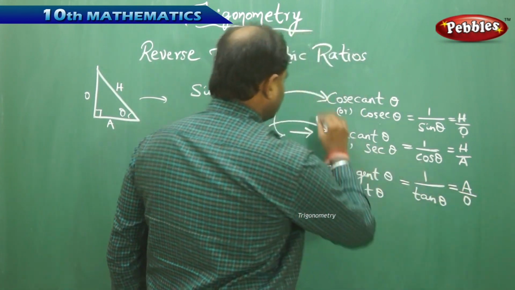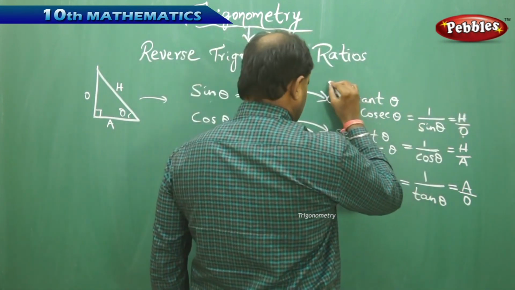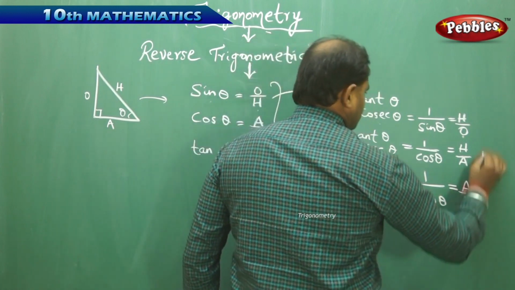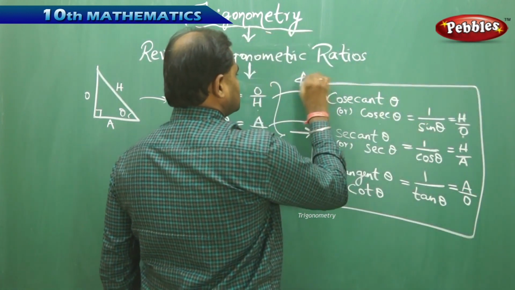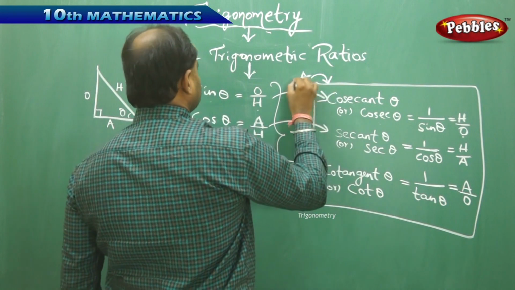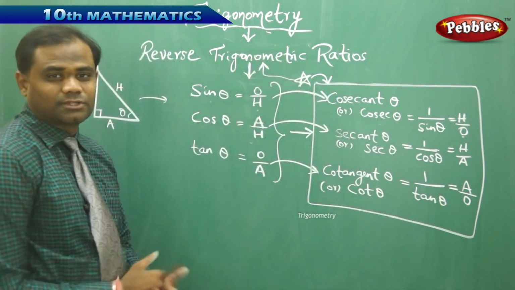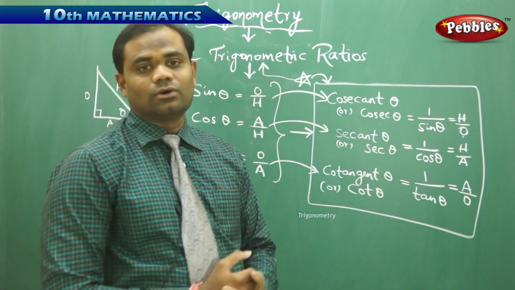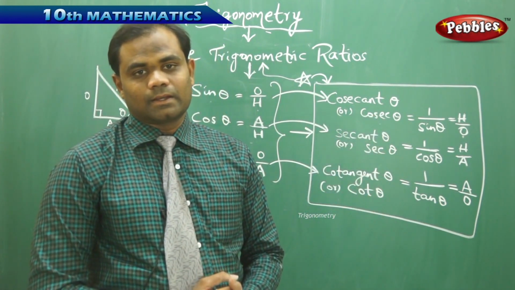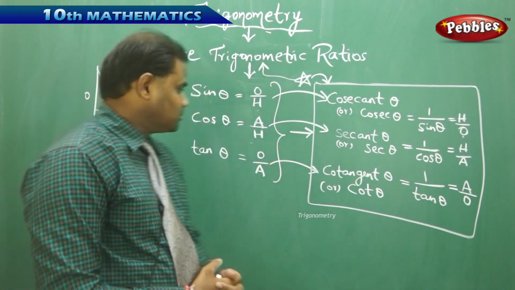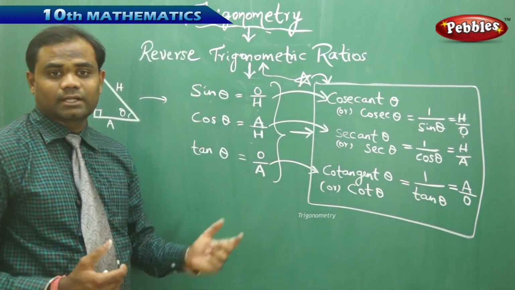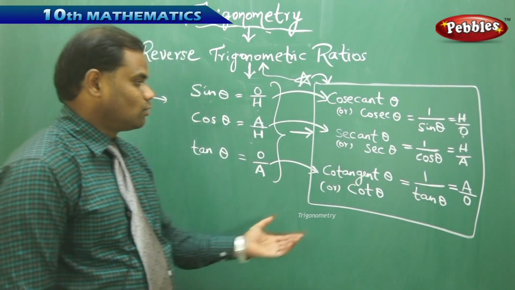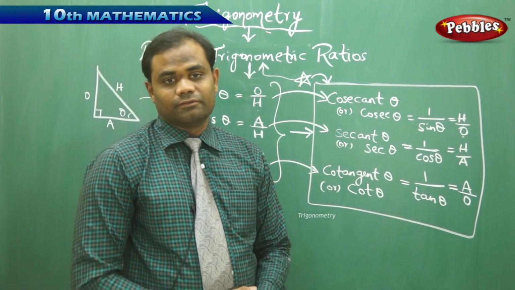This is what we get for the reciprocal trigonometric ratios taken as formulae. The reverse trigonometric ratios are cosecant, secant, and cot, and the standard trigonometric ratios are sine, cos, and tan, each with their own formulae and definitions.